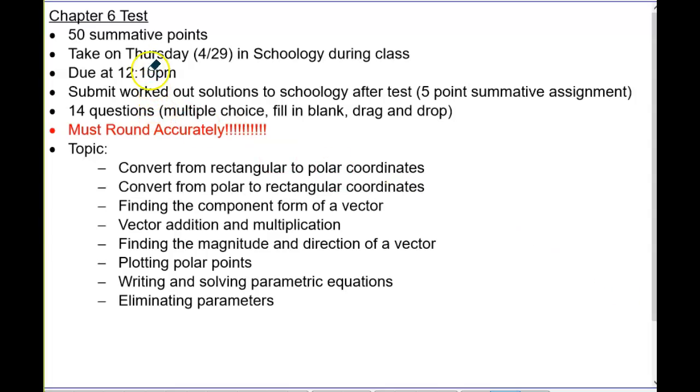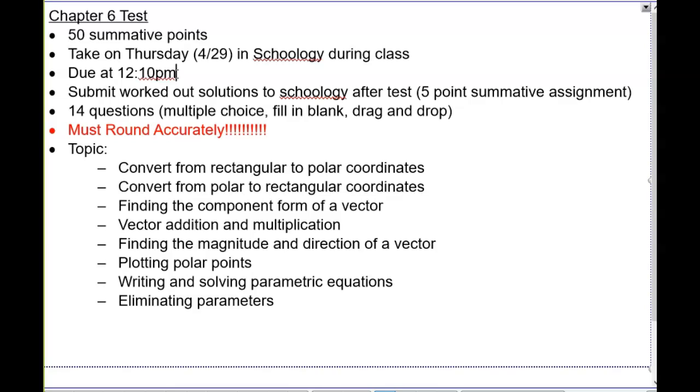And I was going to tell you what's going to be on the test, too, so you know. On Thursday, the test is 50 summative points. We will take it in class on the 29th. It's due at 12:10 p.m., I should say in the afternoon.